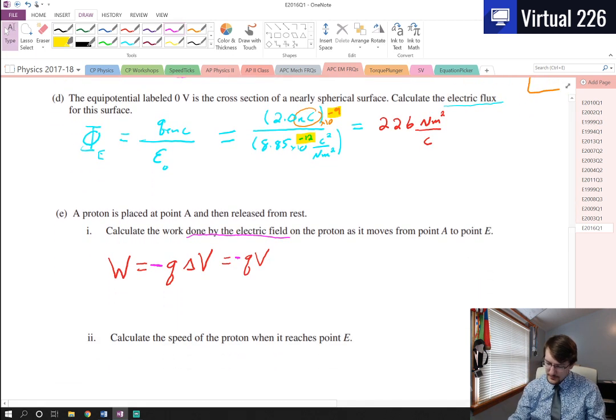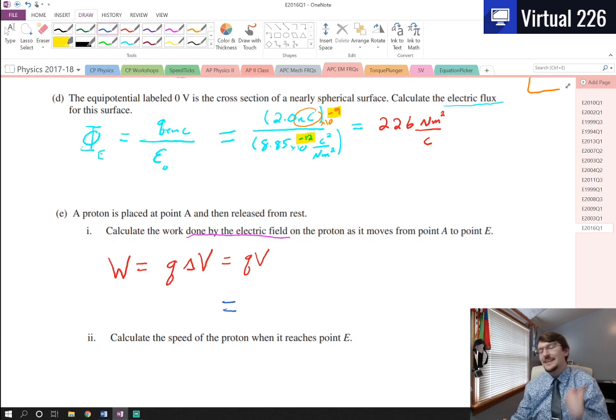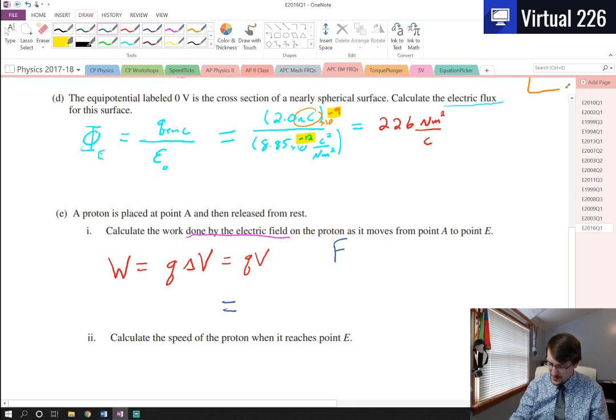Now, what's going to happen in a second when we put in some values here is we're going to get back a positive. So what I personally like to do is, this equation written on your equation sheet has the negative in there, but I like to think of this as just the field is doing the work, so I just leave the work as positive when the field does it. Okay? So here's a little note. Field does work.